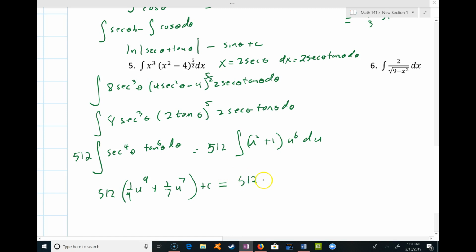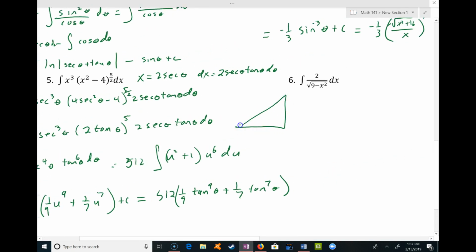So now we've got to fix that. 512 times 1/9, and what was u? U is tangent, so that'd be tangent to the 9th theta plus 1/7 tangent to the 7th theta. And remember, tangent is, well, we need a triangle again.